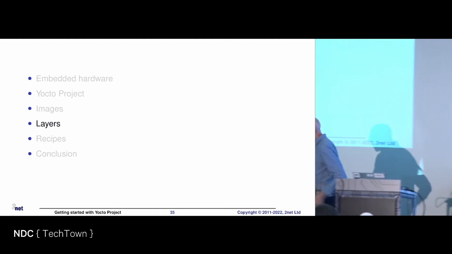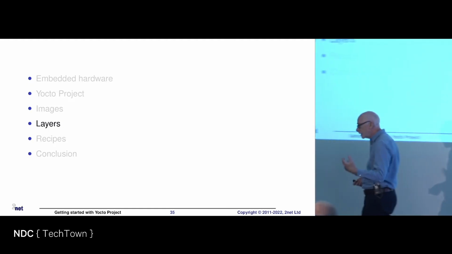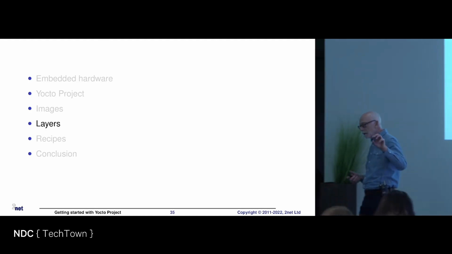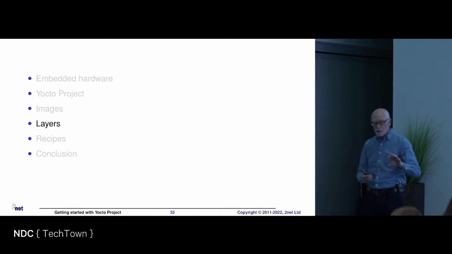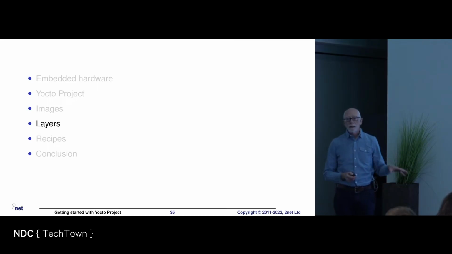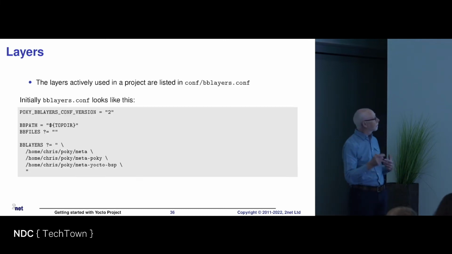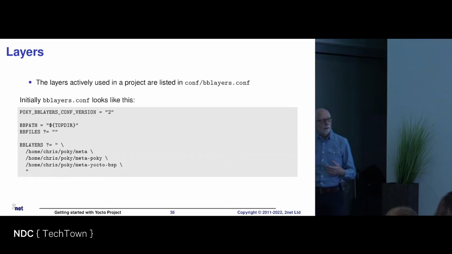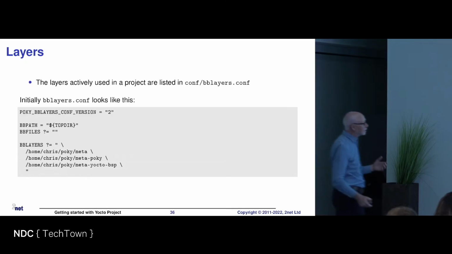Okay, so that's got the system up and running. That's told you a little bit about machines and distros and images. So now let's talk a little bit more about these meta layers. The meta layer is one of the most useful things, really, that Yocto gives us. So this is what you see inside your bblayers.conf file. And it's a pretty simple format.